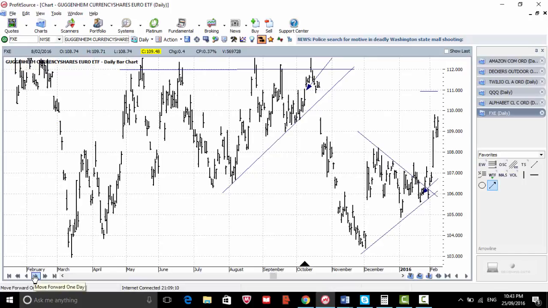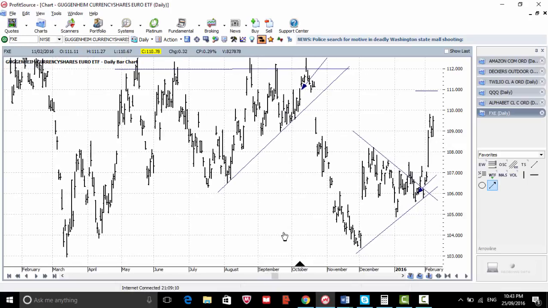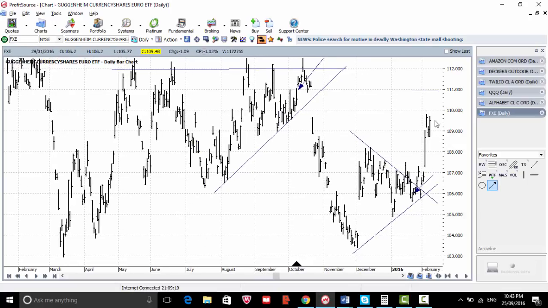Now you can see it's sort of hovering around that 109, okay, 110, okay, up around here. And now we're right up here on 111, okay, and very close to the previous level of resistance, which is 112.